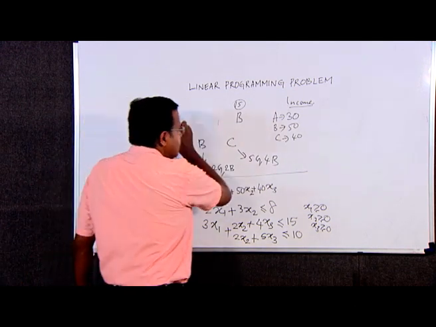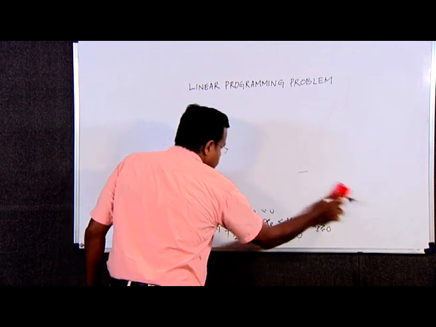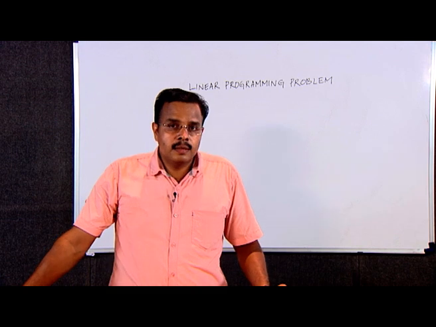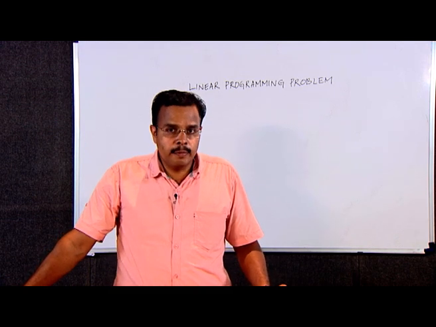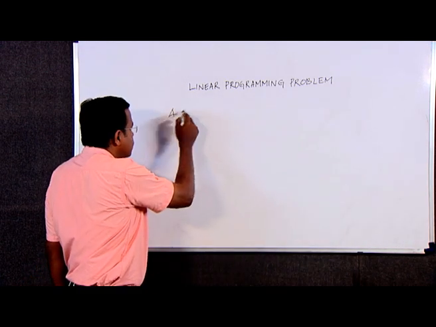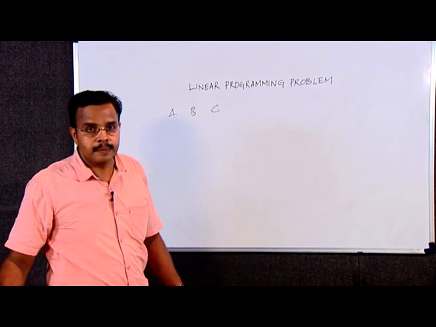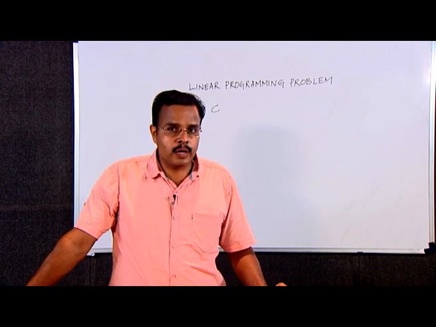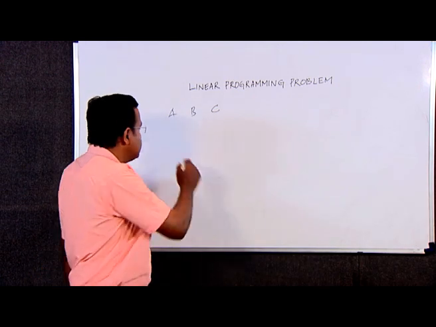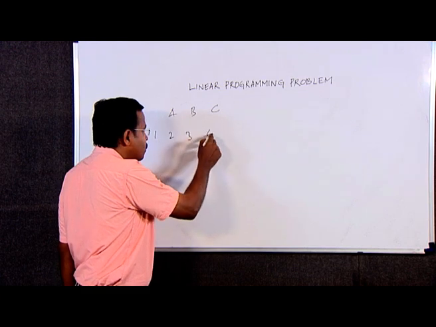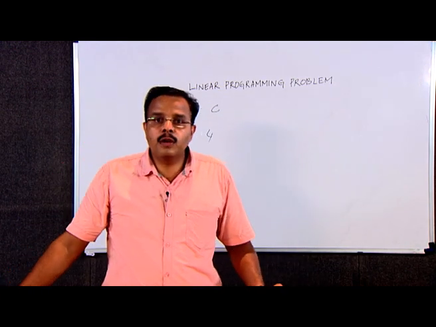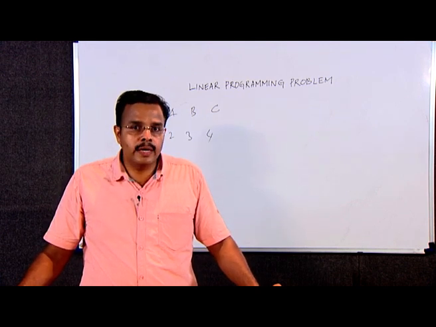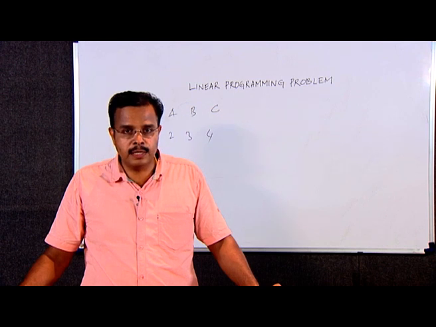Now, we can consider another situation. Consider a factory with three types of machines A, B and C, which can turn out four products 1, 2, 3 and 4. Any one of the products has to undergo some operation on each of the three types of machines.